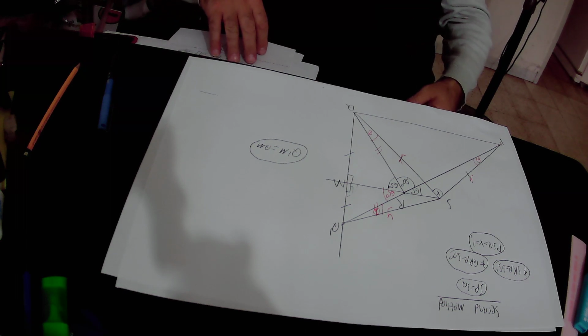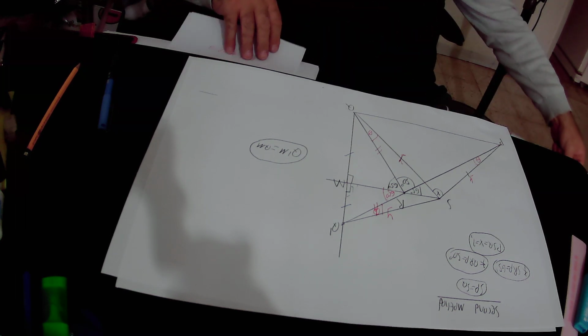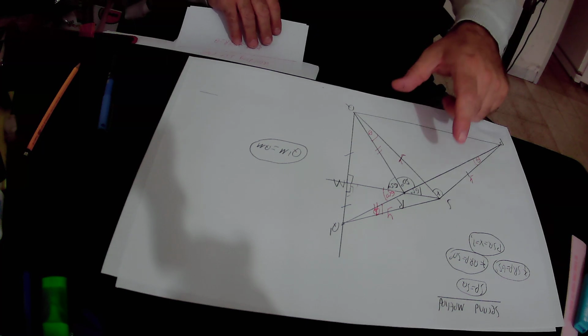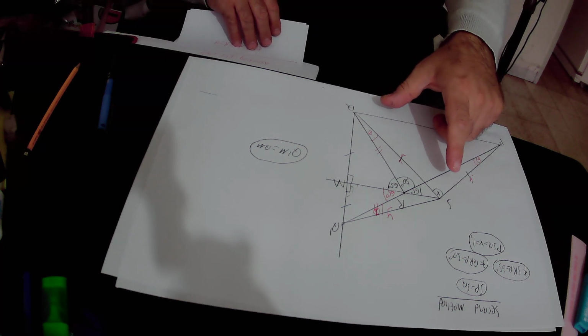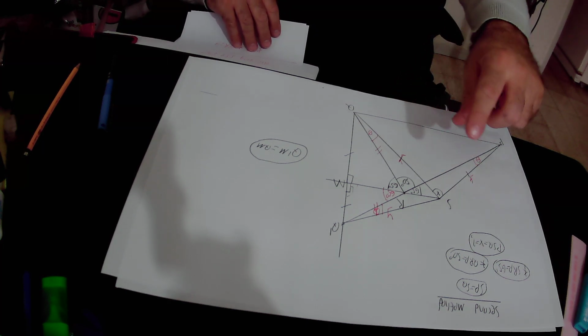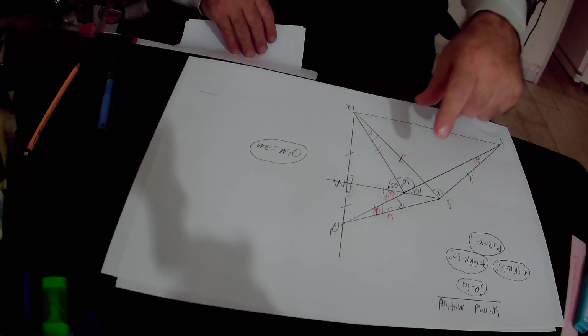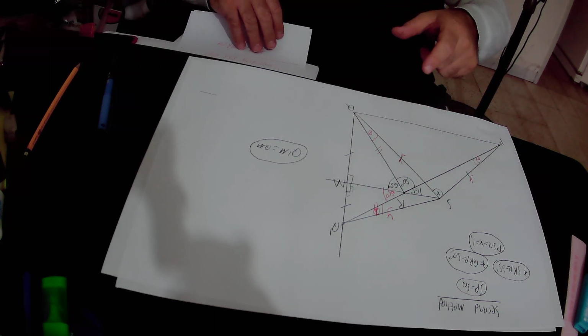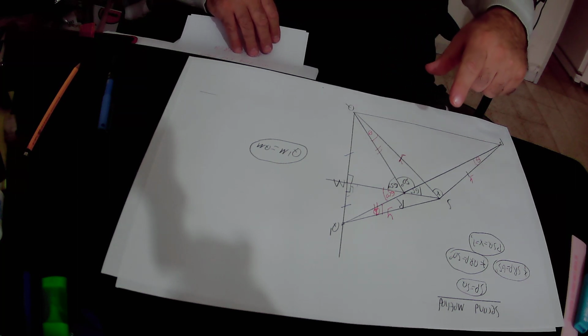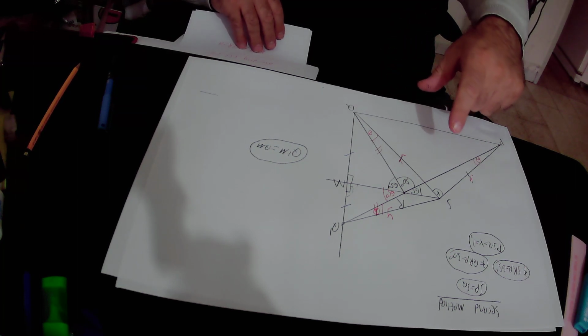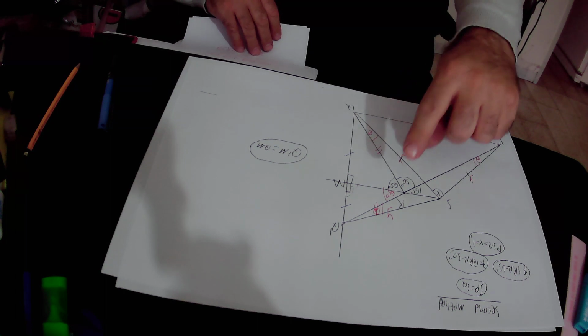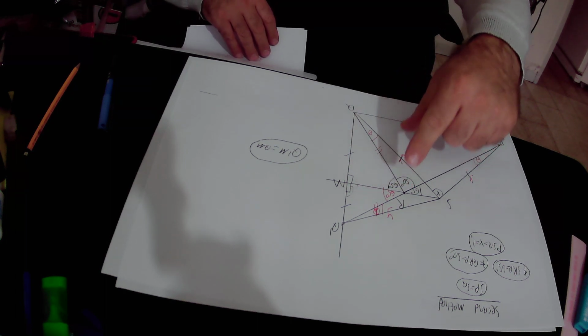Okay, and then we focused on triangle SRQ and on triangle SRQ dash, and we proved that those two triangles can go into each other. Why? First of all, we know that RQ equals RQ dash, we have already proved it.